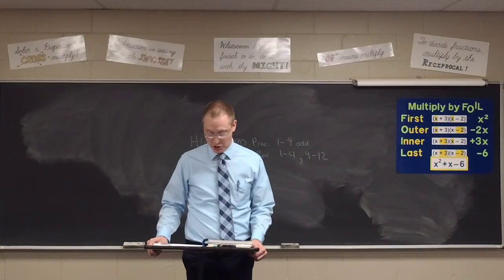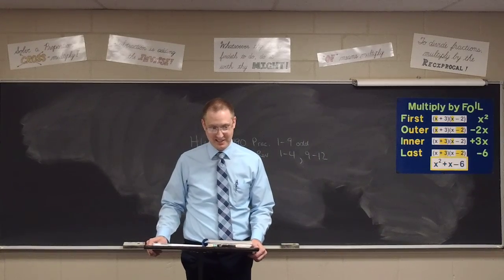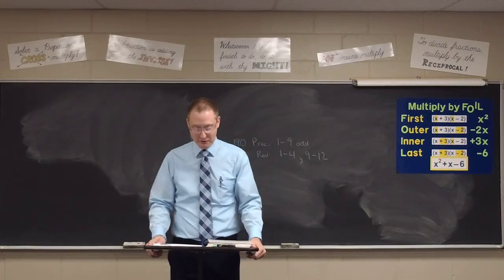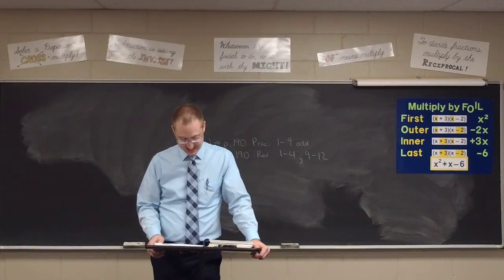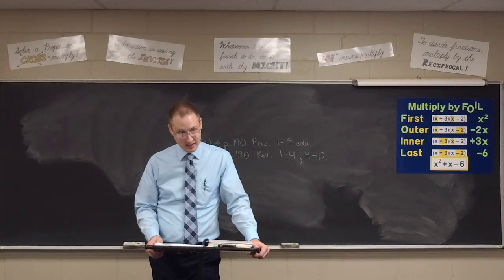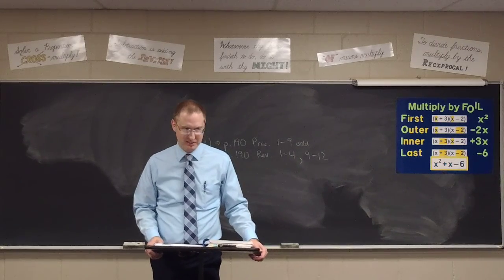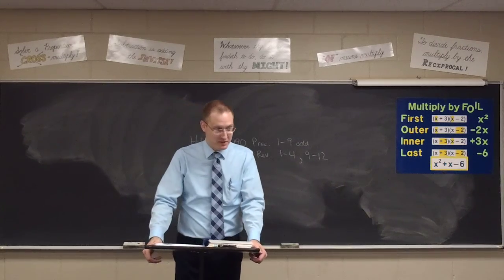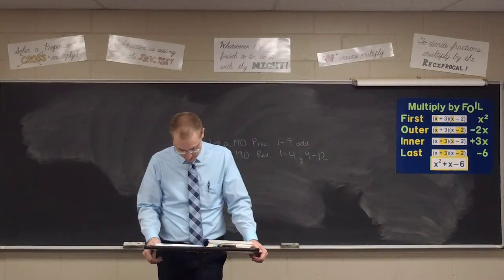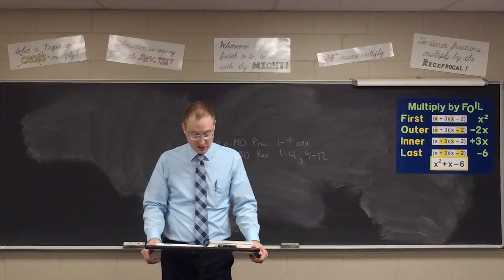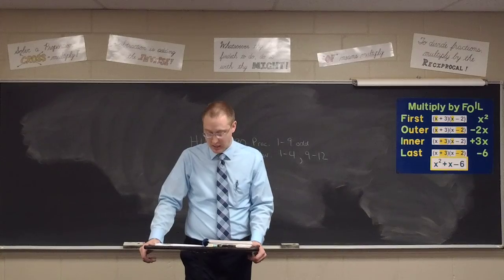Gavin, coming back to you, what should you have gotten for your first on number 13? Negative 6y squared. Good. Number 14, 18b squared. Number 15, back to Gavin. What should you have gotten? Negative 4x squared. Number 16, Noah. Negative 10x squared.